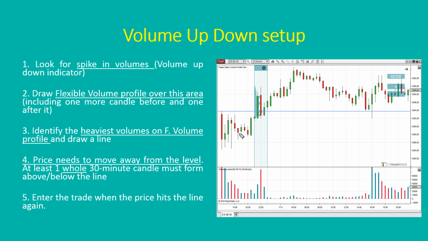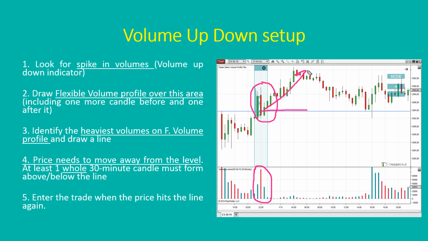The logic behind this setup is basically that you see that something unusual is happening. Big players are entering the market. You see it on the volume up-down indicator. Then you go into the flexible indicator and you identify at what price level those big players were entering the market. So it was this level. Then you wait and you see where those big players pushed the price.